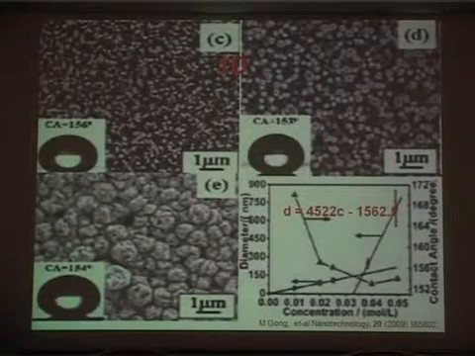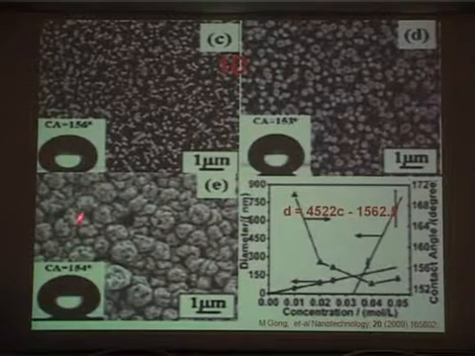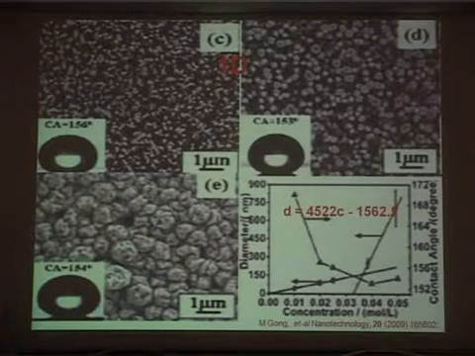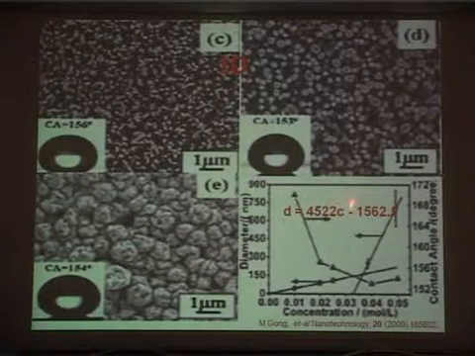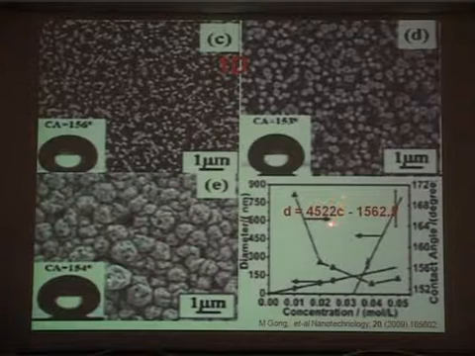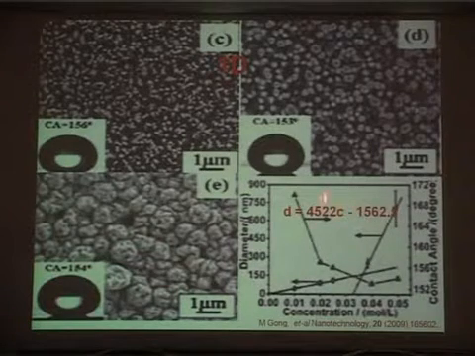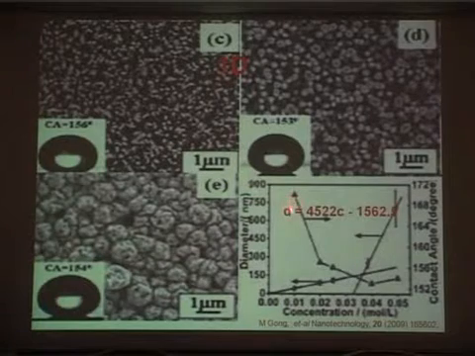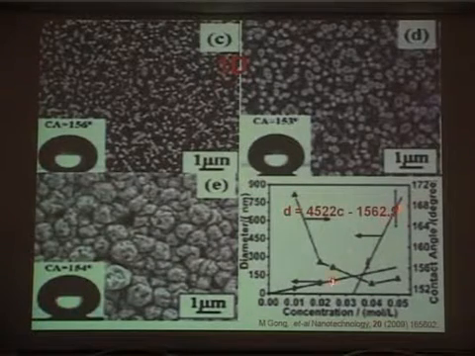This is another set of experiments. They have grown some zinc oxide nanorods on a silicon substrate. They have done the experiment with different concentrations of acids, and they also form one straight line in this case, and in this case, and in this case.